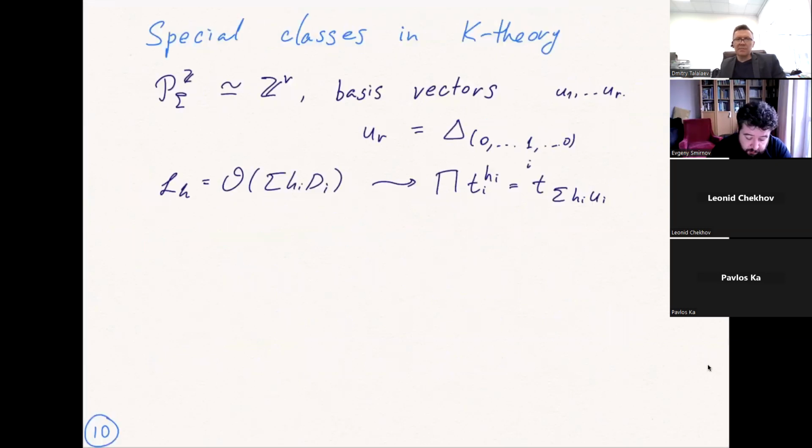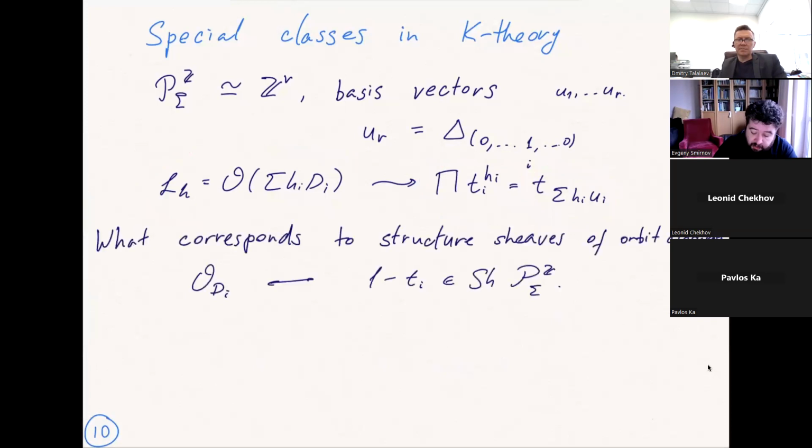So in K-theory, I can write some special classes. For instance, I have line bundles, which are of this form, and to them I can assign in my ring, not monomials, just linear functions, shifts by some vectors.